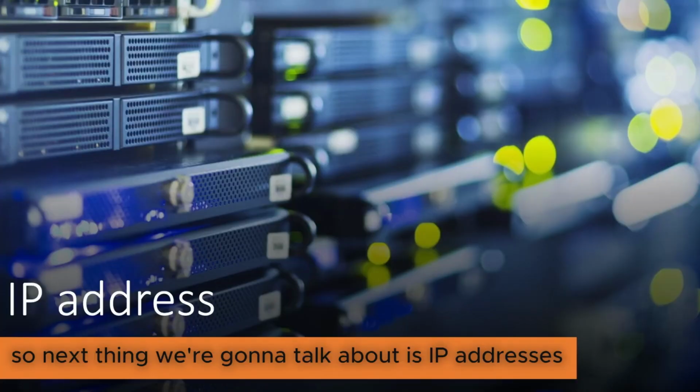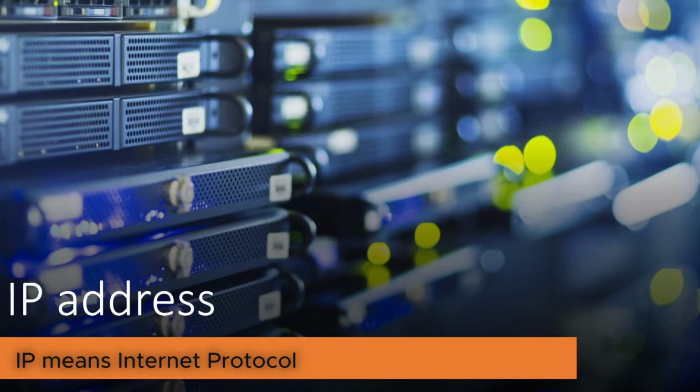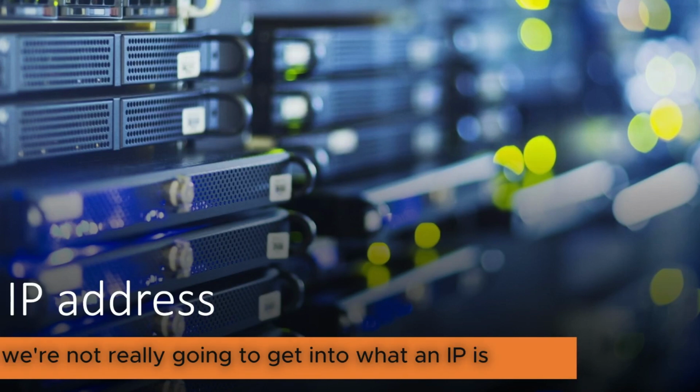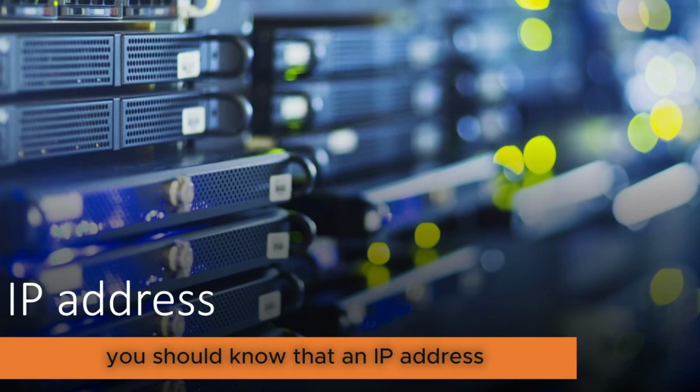So the next thing we're going to talk about is IP addresses. IP means Internet Protocol. These are the rules for communication over the internet. We're not really going to get into what an IP is, but basically you should know that an IP address identifies a network or a device on the internet. Like how everyone has a unique name or a unique number that identifies them.